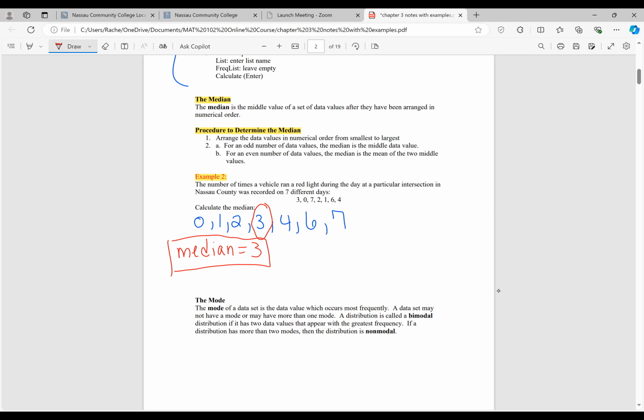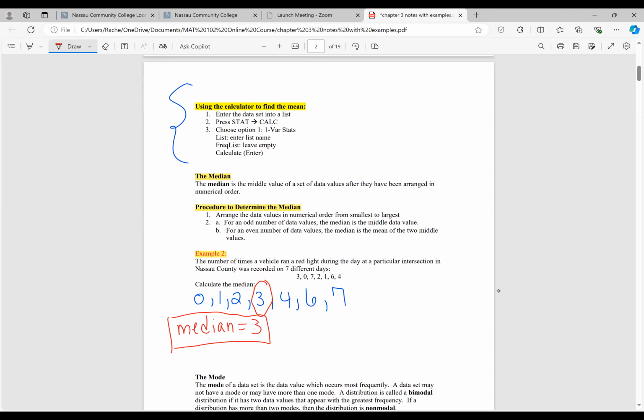Now, we can also use the calculator to get the median. To find the median, it's the same steps that we used to find the mean. And you know what I'll do in parentheses up here? So using the calculator to find the mean, and I'm going to put in parentheses and median. So you're going to follow the same steps. So we'll do it together again, and I'll show you where the median is.